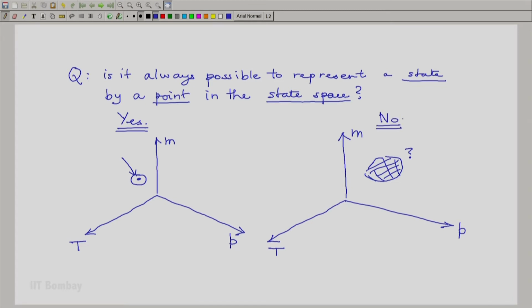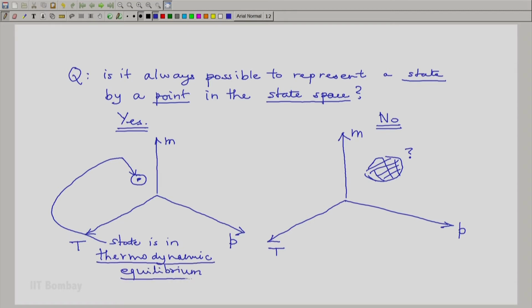So remember that if the answer to this question is yes, we have a state represented by a point in the thermodynamic state space. And our definition is that this state is in thermodynamic equilibrium.